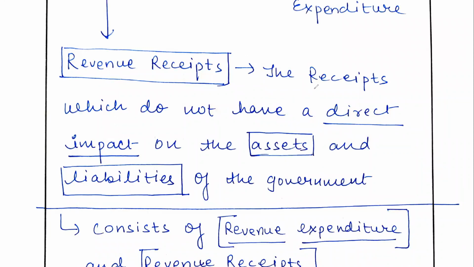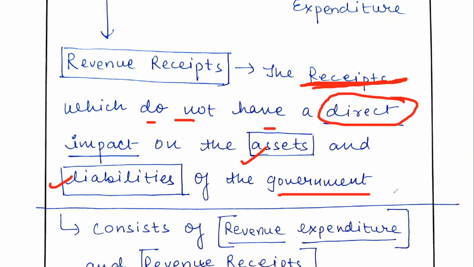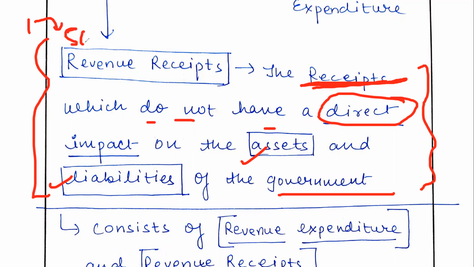The receipts, okay, kindly pay attention, receipts which do not have a direct impact on the assets and liabilities of the government. Now here is the thing, on the first of the month you receive money into your account, you receive the 56,100 rupees as an IAS officer. तो जो आपको पैसा मिला, the money that you received, did it create any assets?